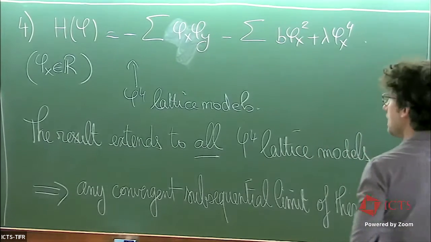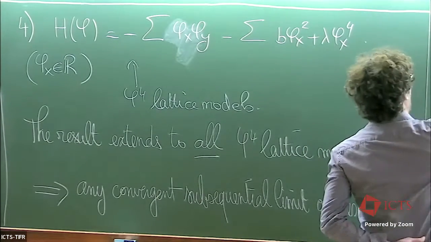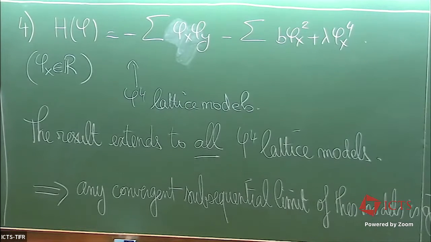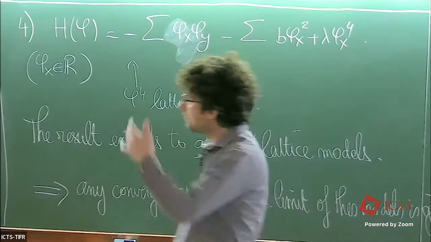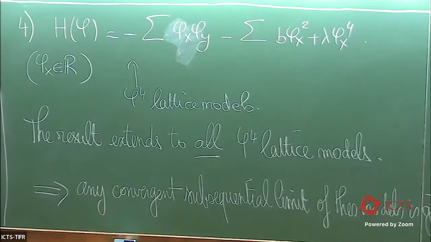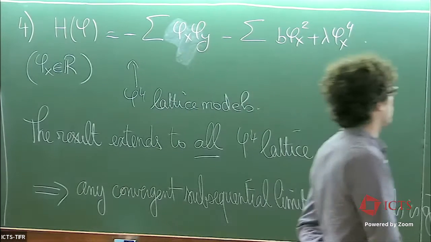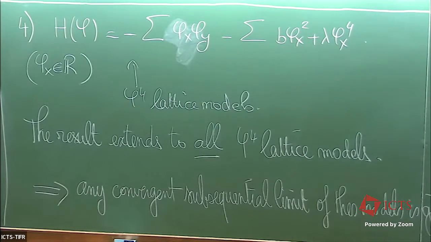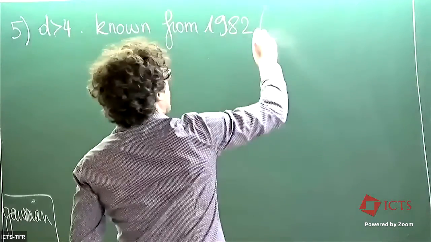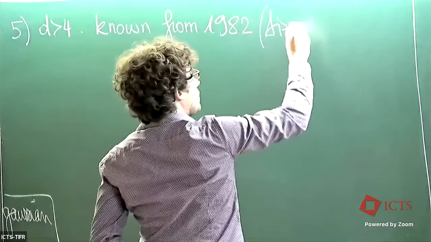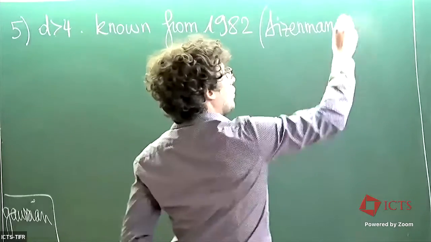And the last comment I want to be making, two last comments. So when D is strictly larger than 4, then this was known already, that I mentioned on Monday, from 1982, and these are two papers, one by Aizenman and one by Fröhlich.